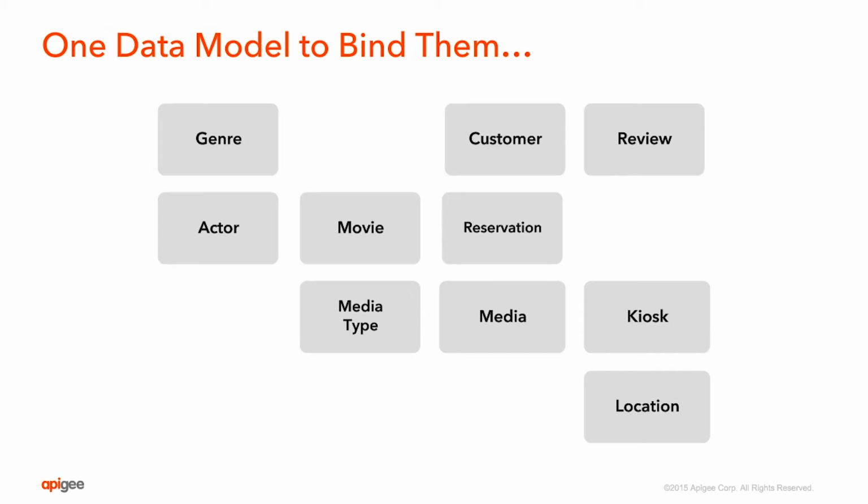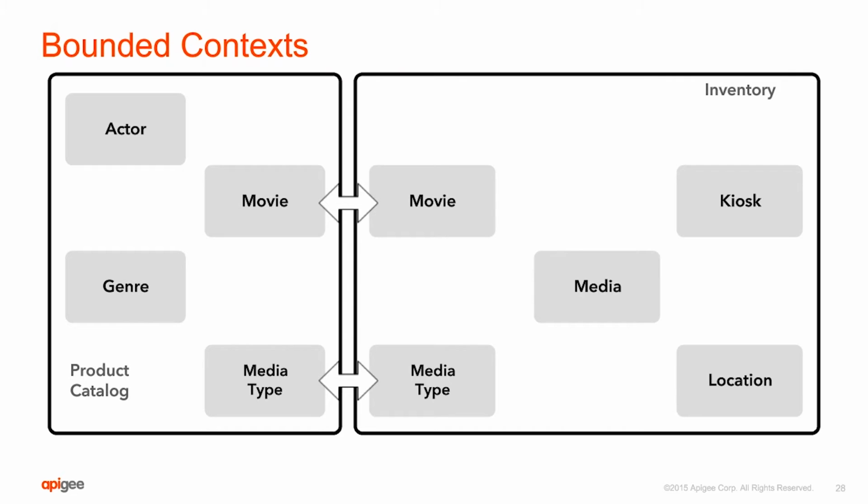And so the idea of bounded context is to take your model and shrink it down. We take the model and say, okay, people from this context think about the words this way. People from, say, product catalog, when they think about movies, are going to have one view of the world.